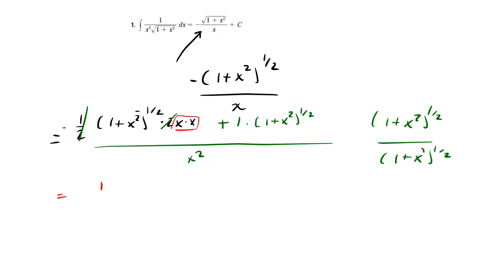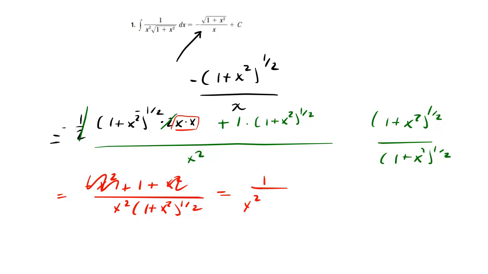Right there's my x squared, so we'll just call it x squared, and there's a negative along with it, plus, and then I'd have 1 plus x squared, all that over x squared times 1 plus x squared to the 1/2. That and that go away, and I end up with what I had inside of the integral.